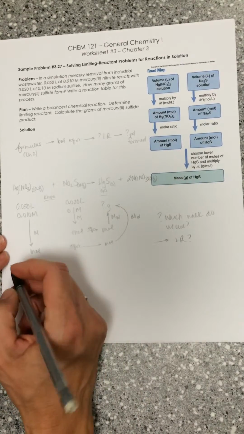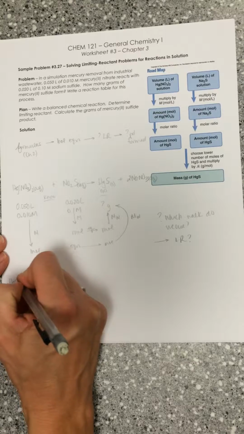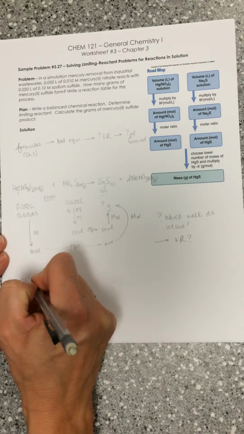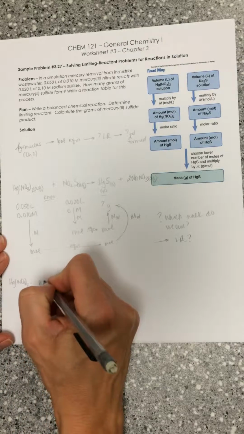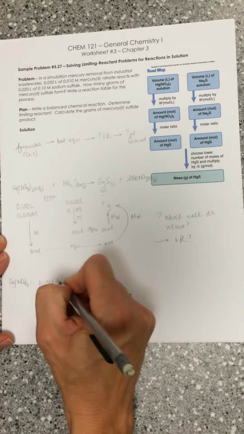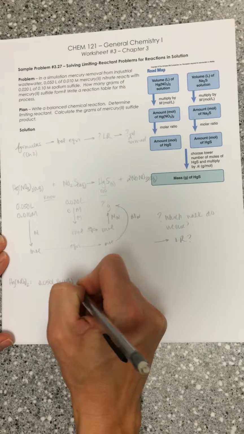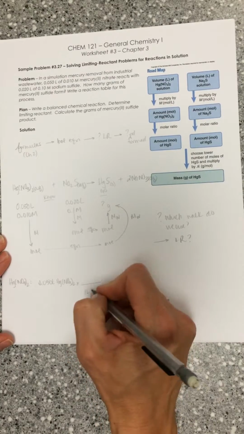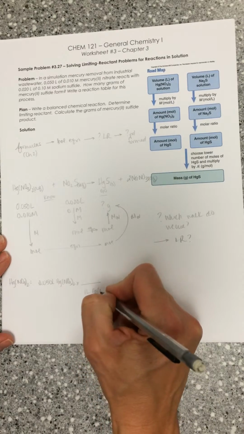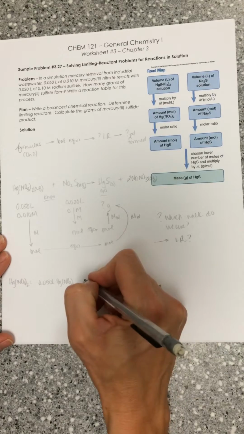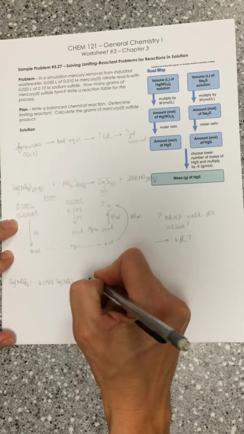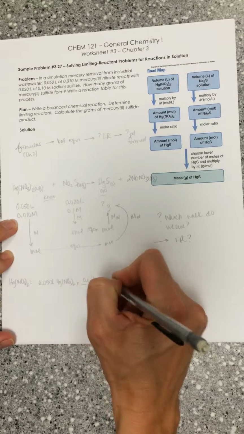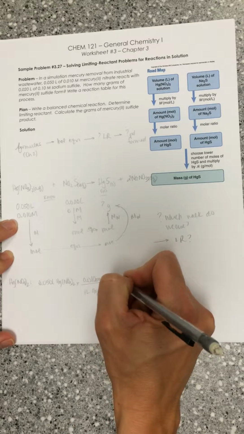So let's do it first for the mercury 2 nitrate. For this mercury 2 nitrate, we're going to have 0.050 liters of mercury 2 nitrate. Again, I can walk between the molarity, so 1 liter of this mercury 2 nitrate solution is going to be equal to 0.010 moles of mercury nitrate.